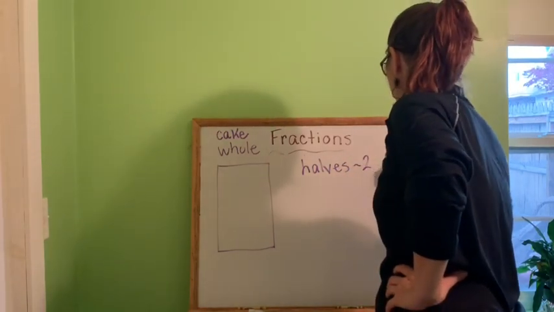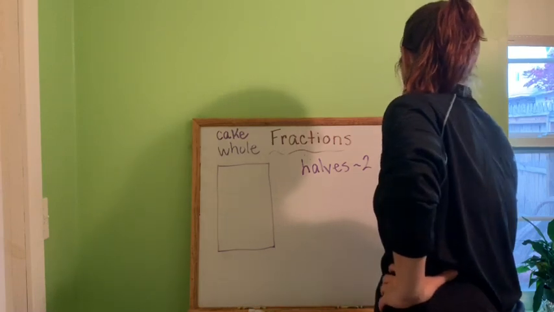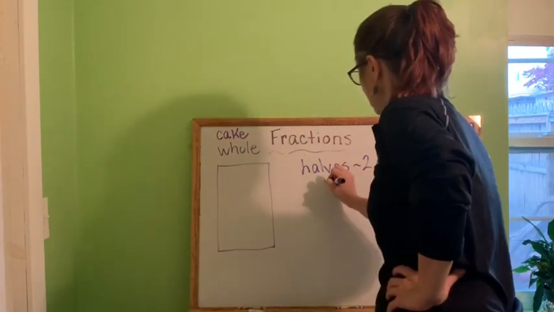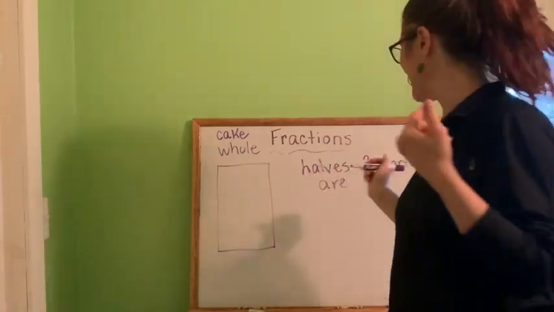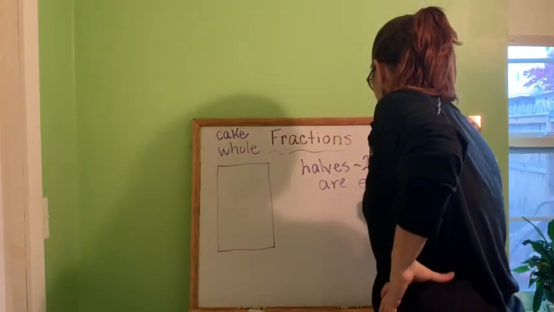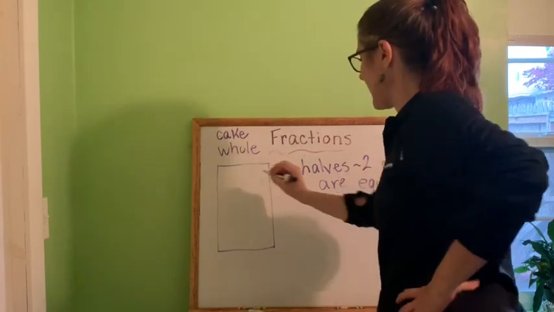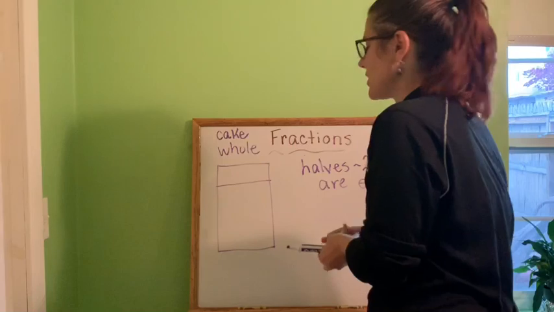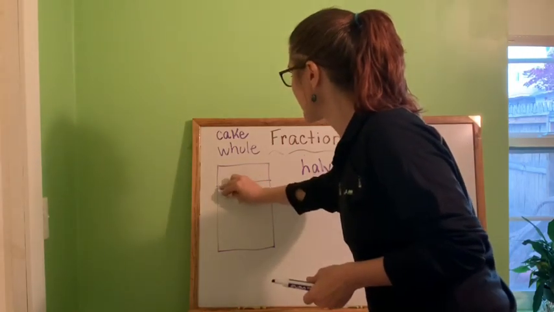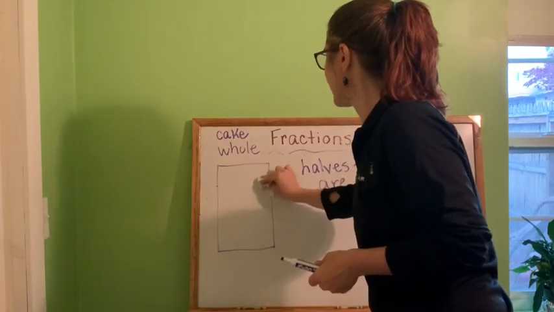But not only 2 parts, 2 parts that are what? Equal, yeah. I cannot just say, oh, there's my 2 parts. Nope, those are not equal. So when we're talking about fractions, the parts have to be equal.